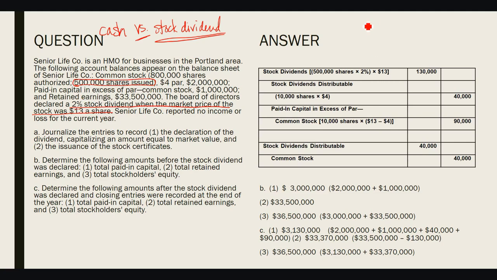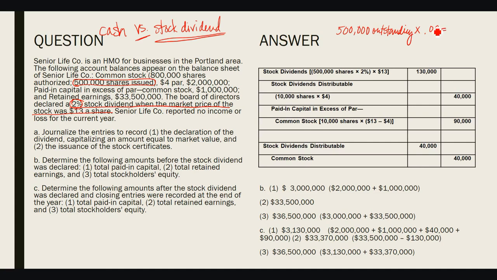So what we have here is we take the 500,000 shares outstanding, and we multiply that by the indicator. They're doing a 2% stock dividend, so 0.02.